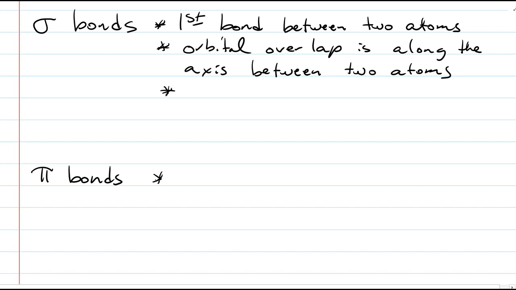Pi bonds. These here represent the second and third bonds between 2 atoms.